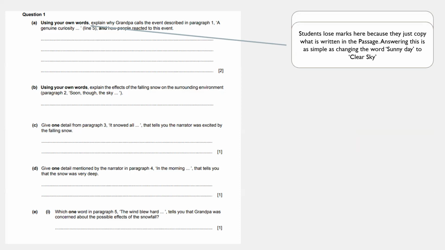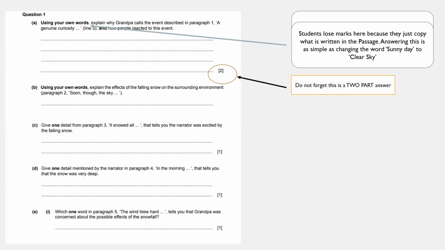Students lose marks here because they just copy what is written in the passage, and they lose marks because they've been specifically asked to use their own words. It can be as simple as changing the phrase from sunny day to clear sky. That's how easy it is, but really essential to do.